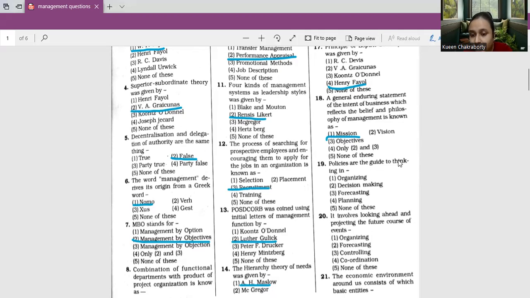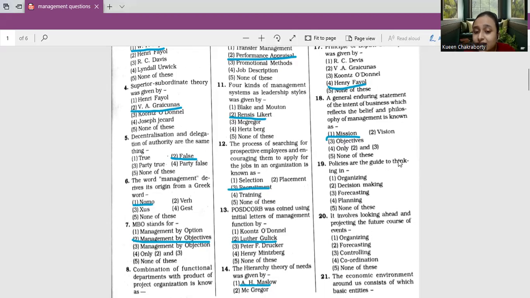Not for organizing or forecasting, neither for planning, because plans will vary from one decision to the other, from time to time, depending on the need, the objective, or the project. So policies are the standing plans that provide you guidelines required for decision making.